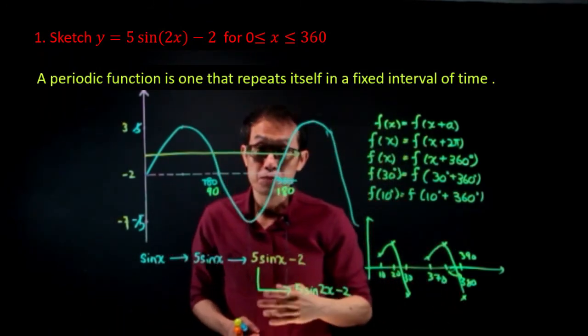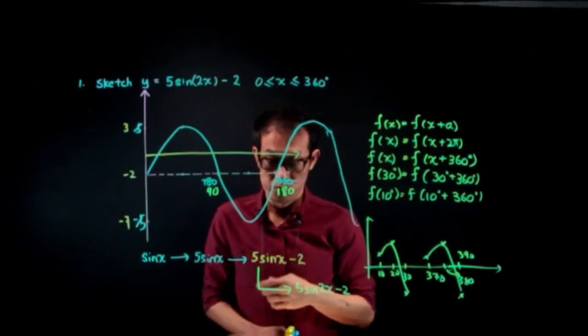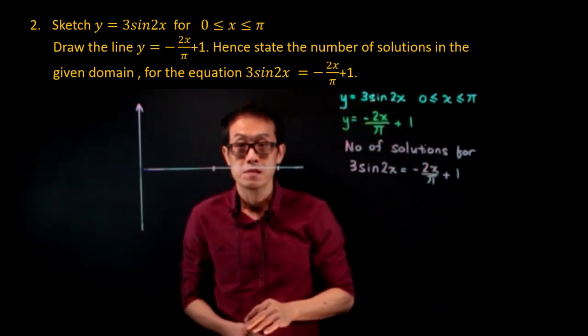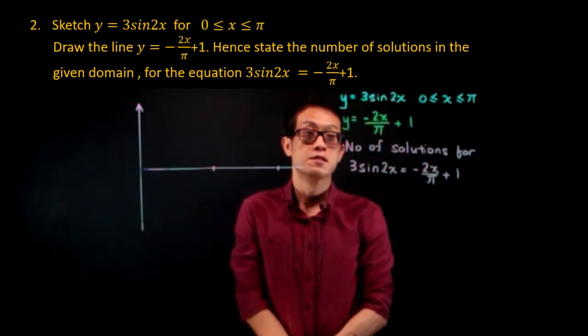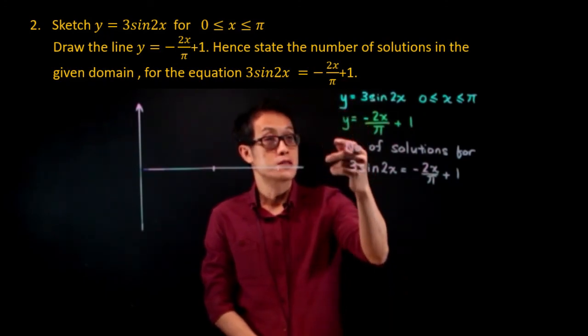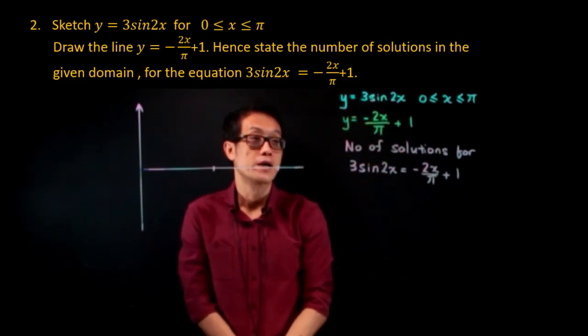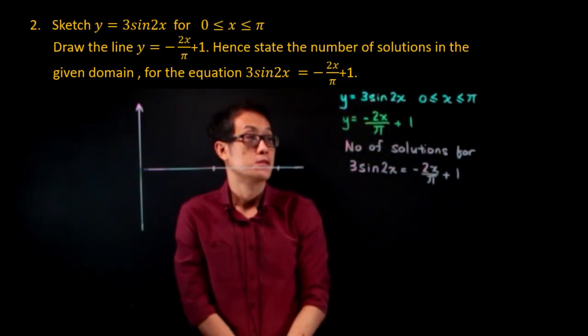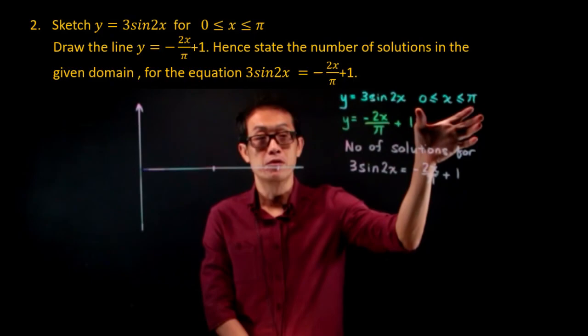Now, let's move on to question 2. You are asked to sketch the graph y equals 3 sine 2x for this set of values of x.